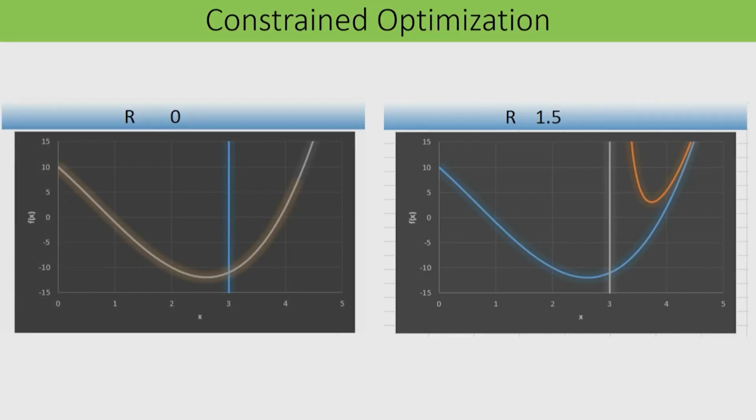Now, I have just shown you the figures. The left hand side figure is for exterior penalty method, and you can see the effect of R. Once you increase the value of R, you move towards the actual constrained solution of this particular problem. In this case we have penalized the solution in the infeasible region.